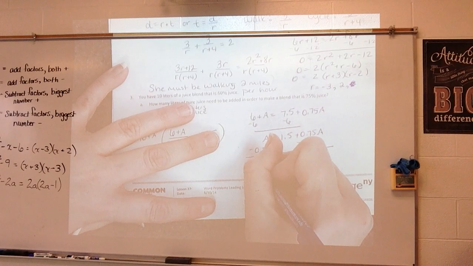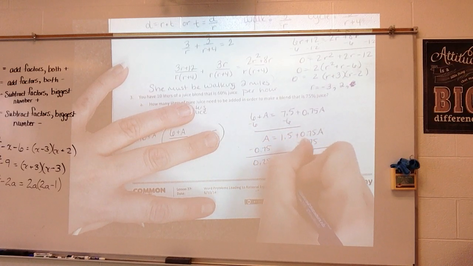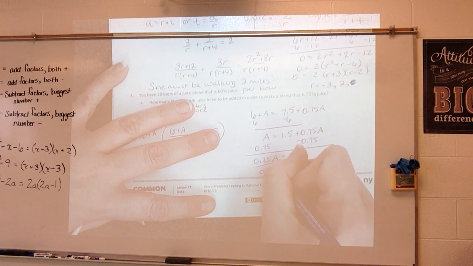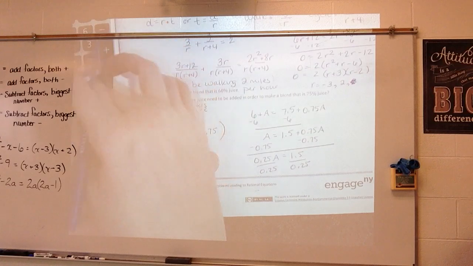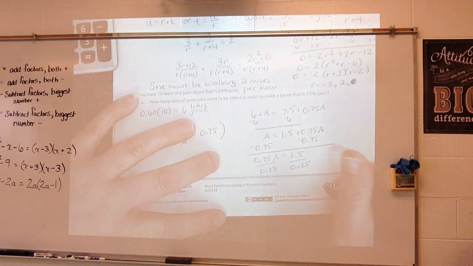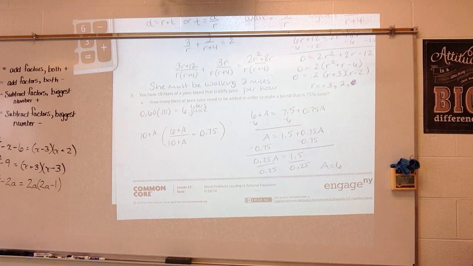So I have 0.25A is equal to 1.5. I didn't think it was that simple. So 1.5 divided by 25 hundredths, A would be equal to 6. So that means that I'm going to add 6 liters of pure juice.